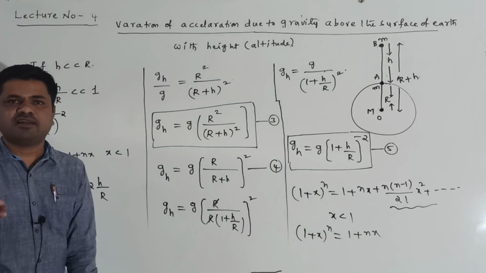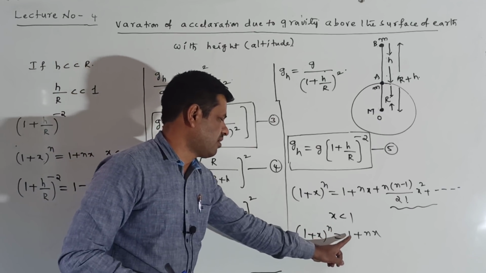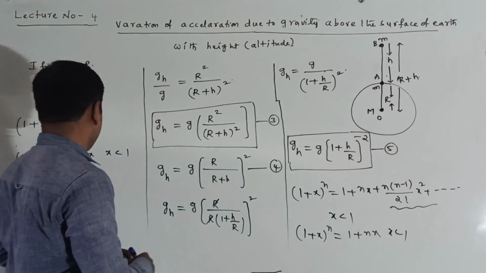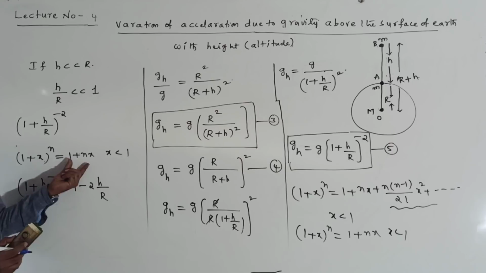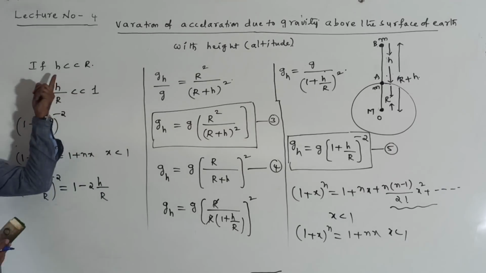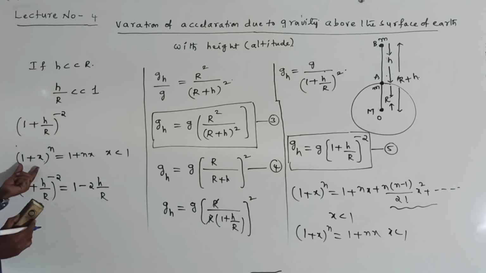You can understand this clearly in second year mathematics. Just remember the formula 1 plus nx when x is less than 1. Here also h by r is less than 1, because h is very small in comparison to the radius of the earth.